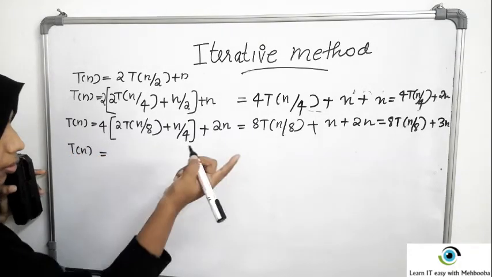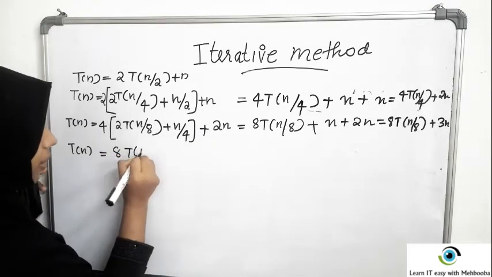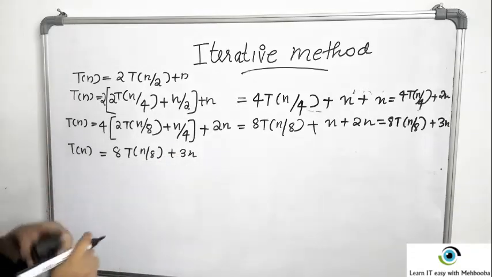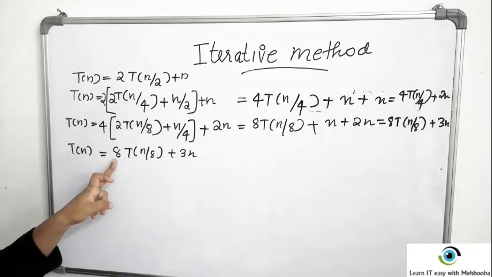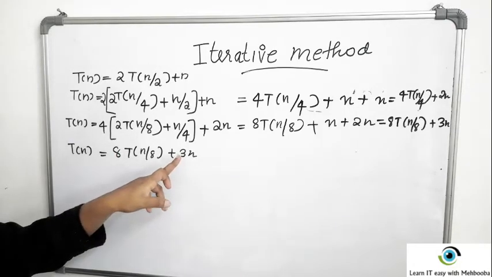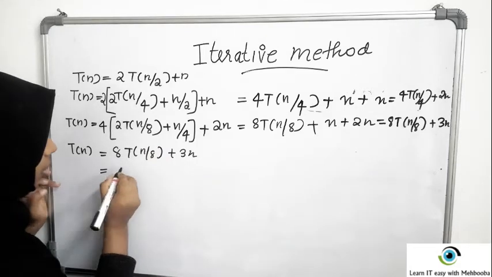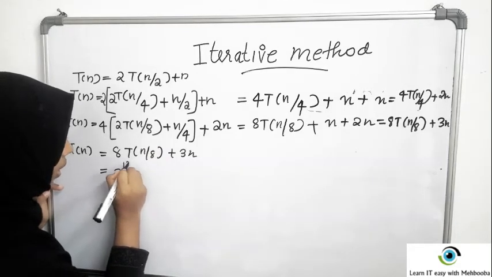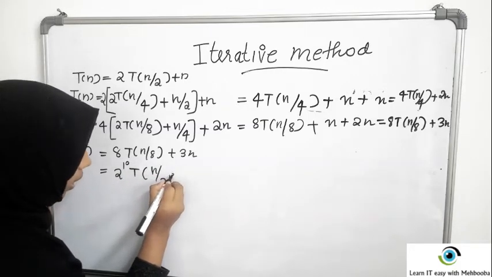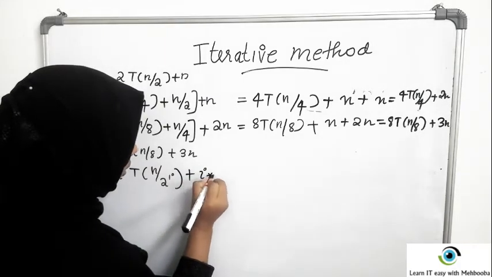T of n is equal to, I am just copying the last equation, 8T of n by 8 plus 3n. See, if we are writing in powers of 2, 8 is actually 2 raised to 3, isn't it? So this is 3 here also. So we can write it in general terms as 2 raised to i T of n by 2 raised to i plus i into n.